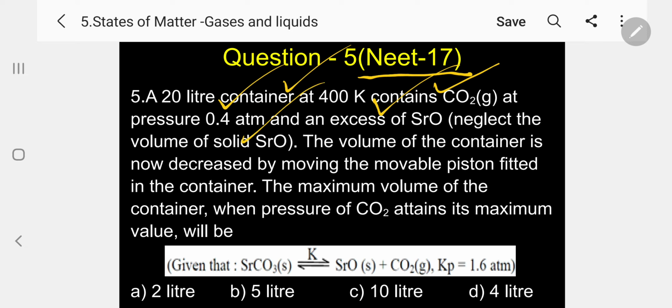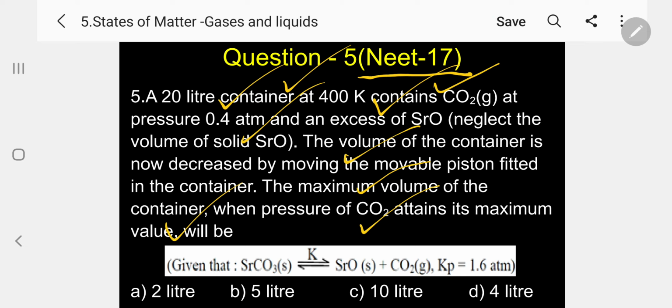The volume of the container is now decreased by moving the movable piston fitted in the container. So the volume is reduced. The maximum volume of the container when the pressure of carbon dioxide attains its maximum value will be.